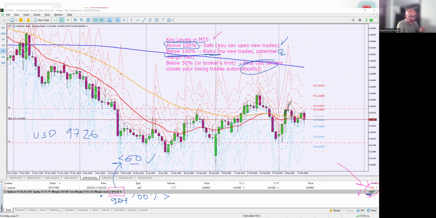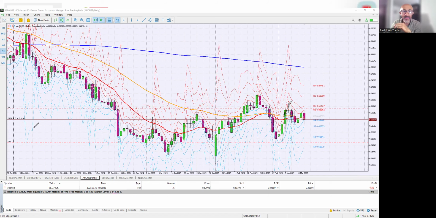So if this trade is reaching 50%, your broker will close the trade because beyond 50%, the broker will lose money. And remember, brokers, like banks, never lose money, right? So that is the important thing that I wanted to mention about these concepts.